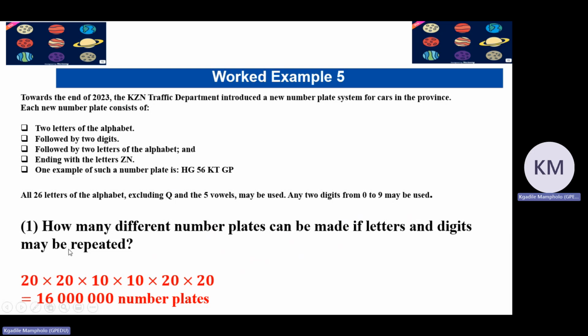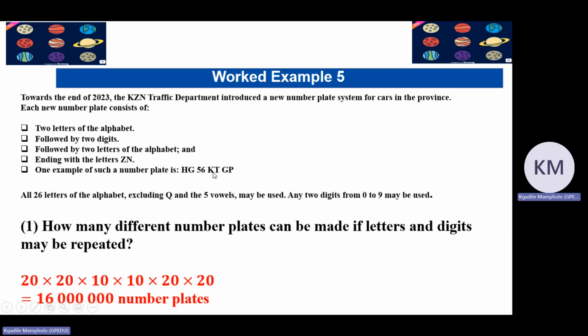When you choose the second one, you choose out of 20 because you repeat. And then when you choose the digits, you choose out of 10 because all the digits can be used, and repetition is allowed. Then they'll follow the second.